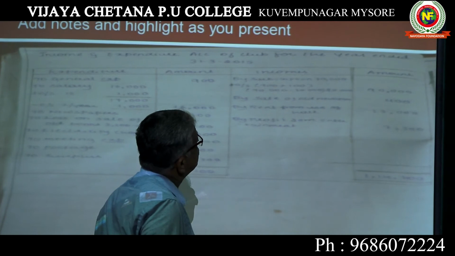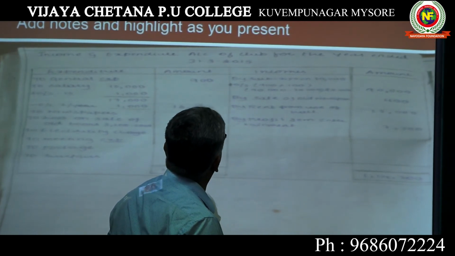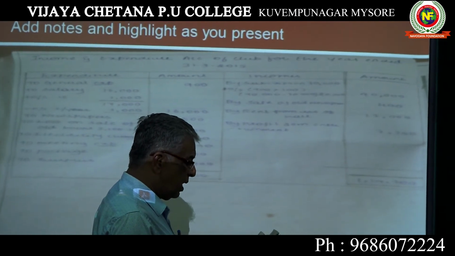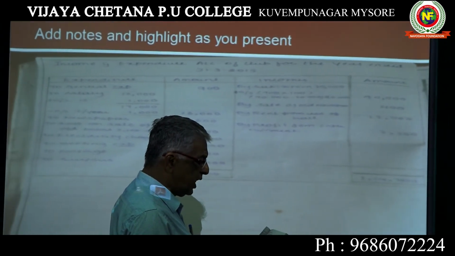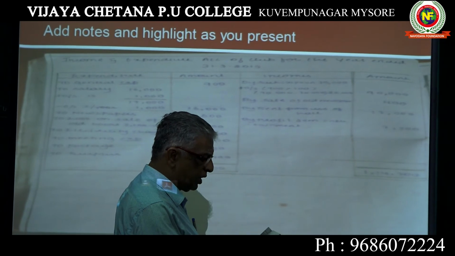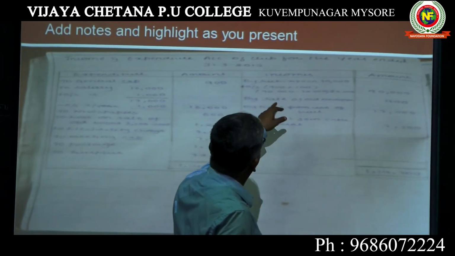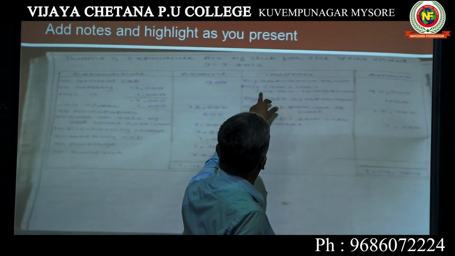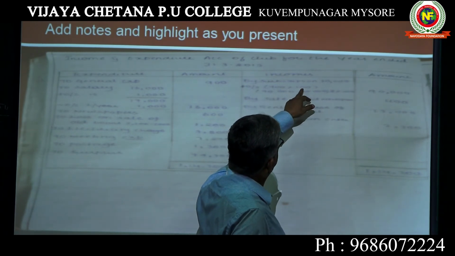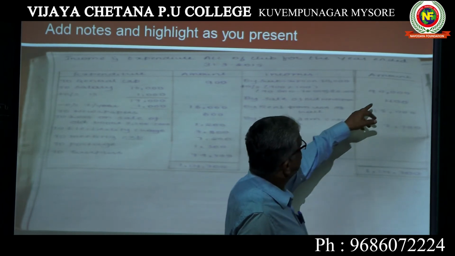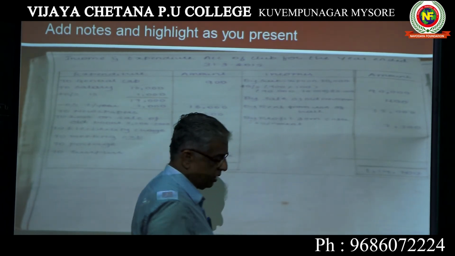As you know, how many members are there in total? In the question he has given, the club has 100 members, each paying an annual subscription of rupees 900. Totally 100 members, so 100 into 900 comes to 90,000.